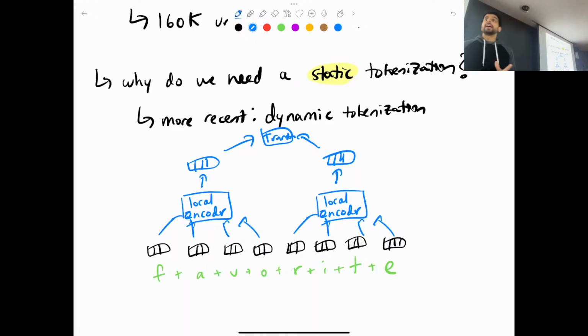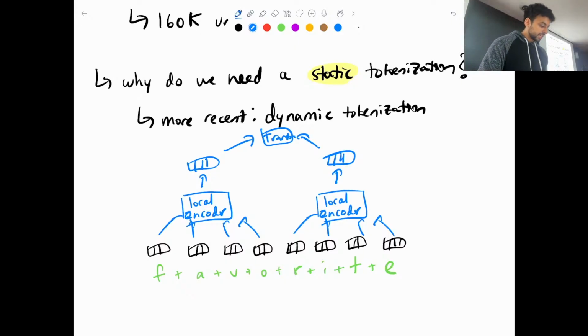In this way, I'm operating over the raw byte level representation, but I'm not going to run the vast majority of my computations over this extremely long sequence. I'm going to create a shorter sequence of latent tokens produced by the local encoder. Once you get to the top of the network, you have to project the sequence back into the byte level sequence and then predict the next byte.